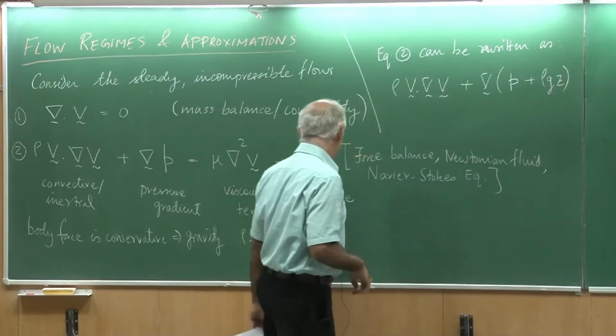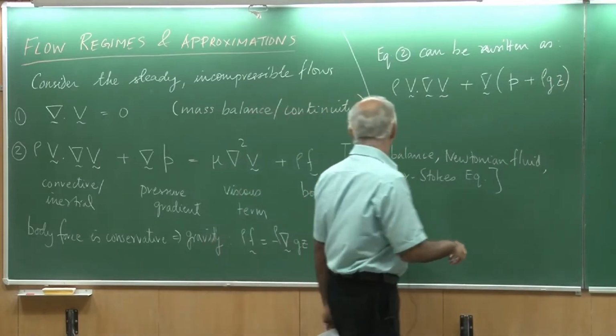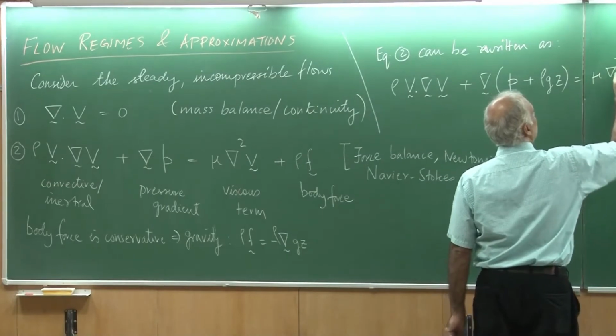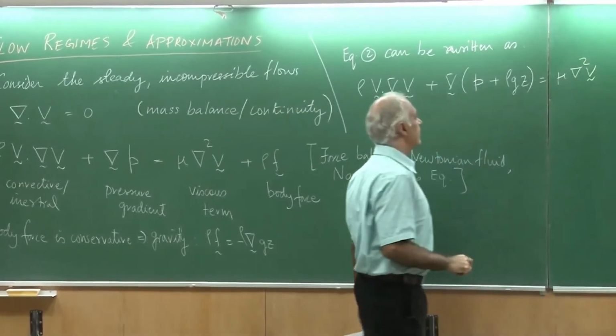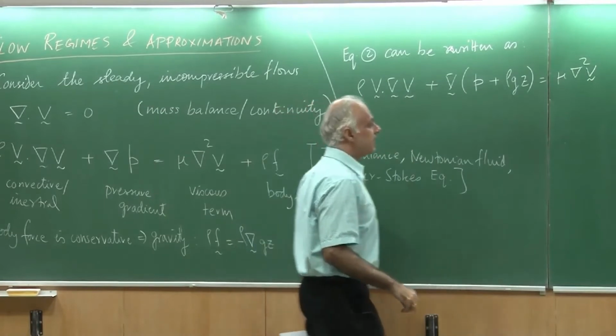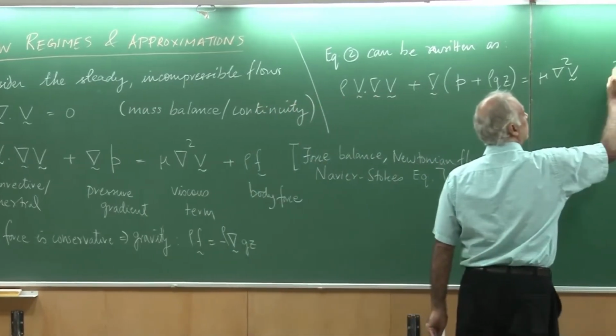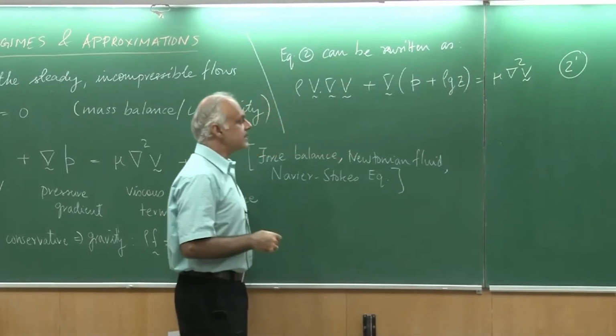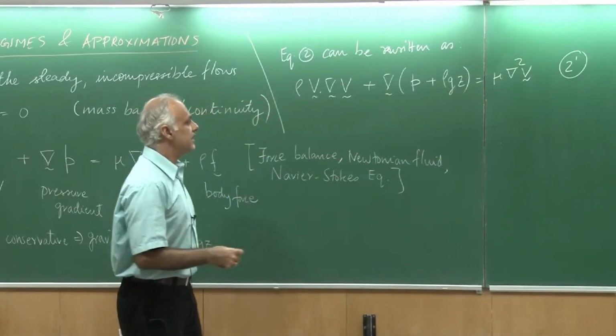Okay, so I have combined them, and this is now equal to mu times Laplacian of v. So let me call this equation 2 prime. Okay, it's essentially the same equation, but I have just plugged in.